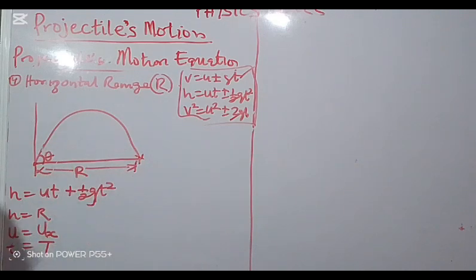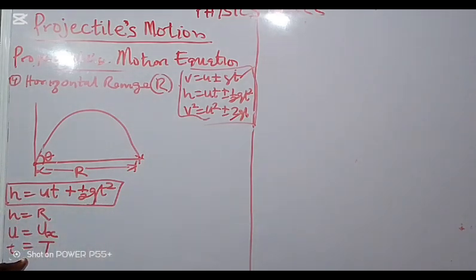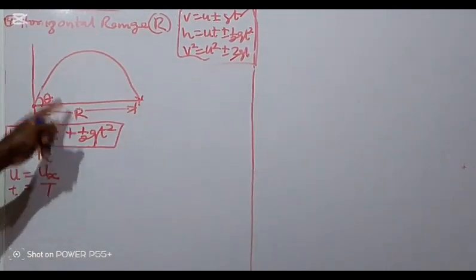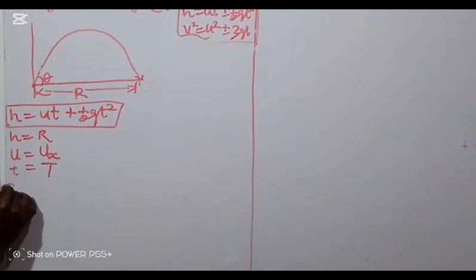This is a borrowed formula. We are now translating it to projectile motion, and this is how to interpret it. H will change to R. Our u will be ux. t will be capital T, because under motion under gravity, that would be the time to fall from maximum height to the ground, and we need the total time taken. Now, our g, which is acceleration due to gravity, will be equal to what?